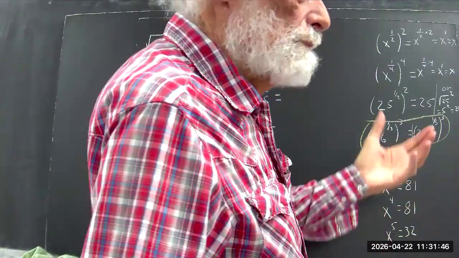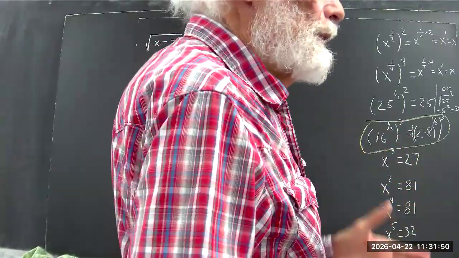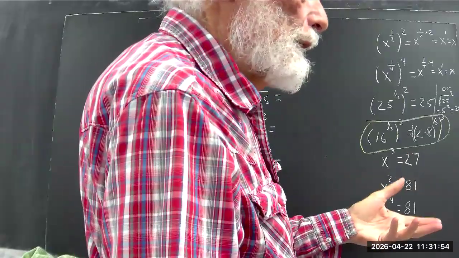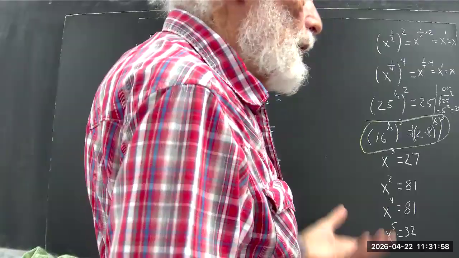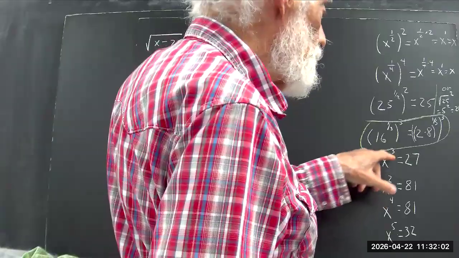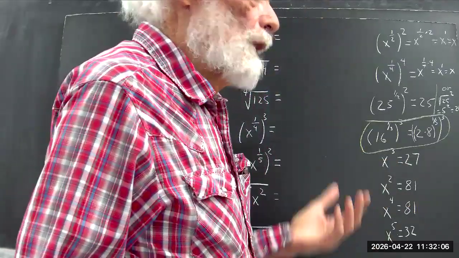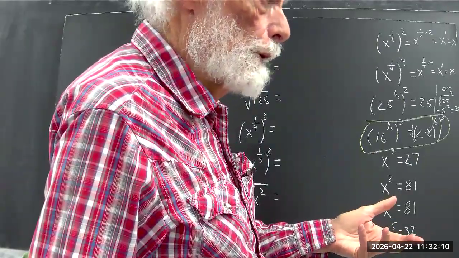Well, let's just take integers. Let's try 5. What's 5 cubed? 5 squared is 25. Multiply that by 5, you get 125. 5 is too big. 5 cubed is bigger than 27. What's 4 cubed? Well, it's 4 times 4, which is 16. Multiply that by 4, you get 64.